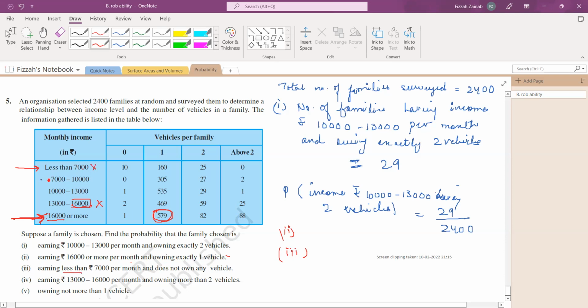We will include it here. So basically this 7,000 falls in the less than 7,000 category only. Is this point clear? Okay. So see this row, and does not own any vehicle. That means this you have to see. So how many families are there? 10. Yes?